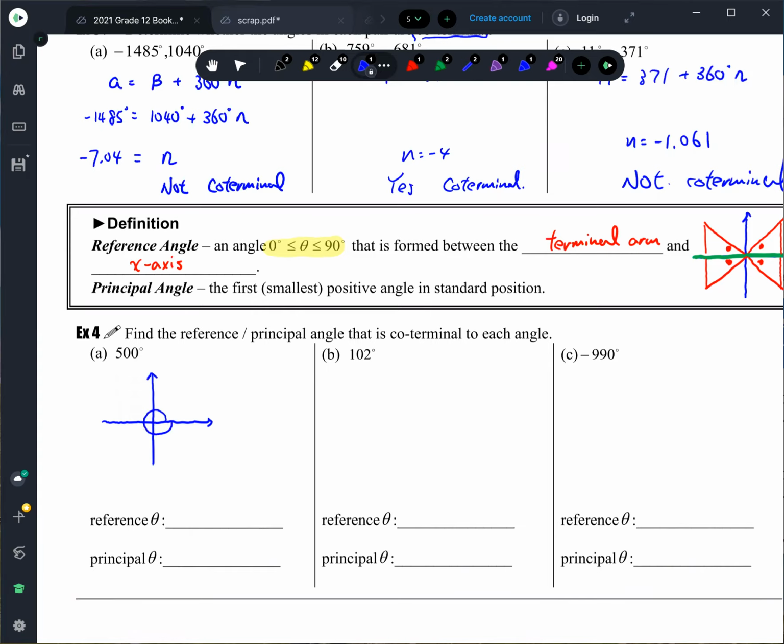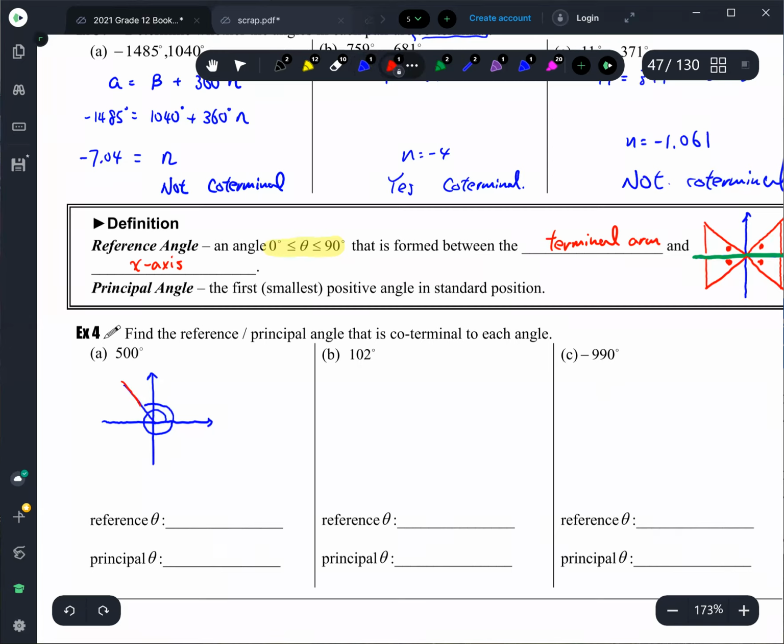How much more do I still need to turn? Lily, 500 degrees, after one turn, how much more? 140. Yeah, so 140 degrees more, then that should help us end up in the second quadrant. So that's our terminal arm, the stopping place.